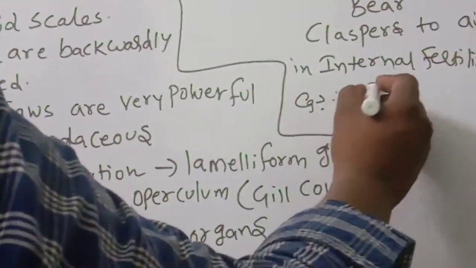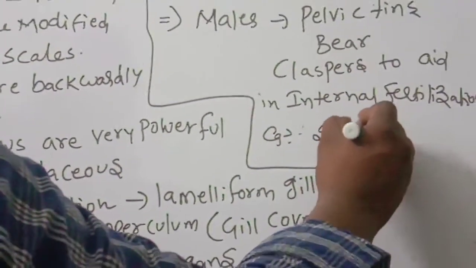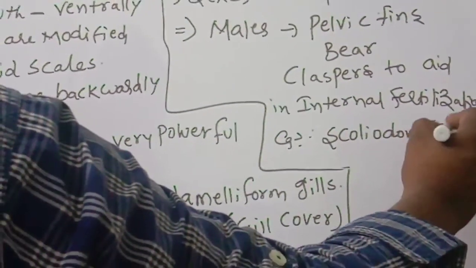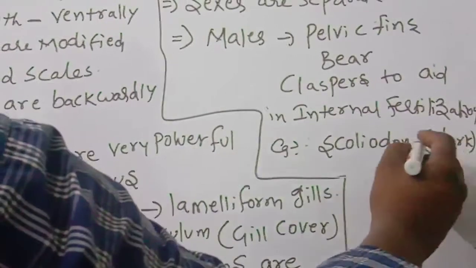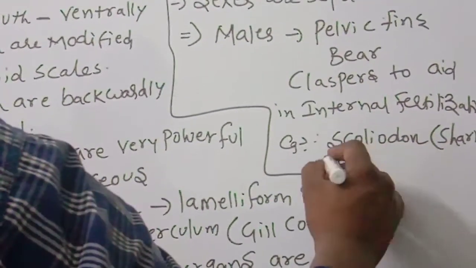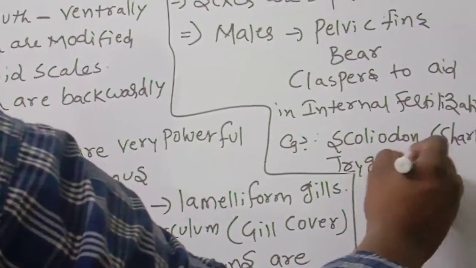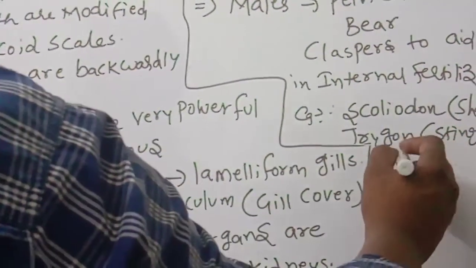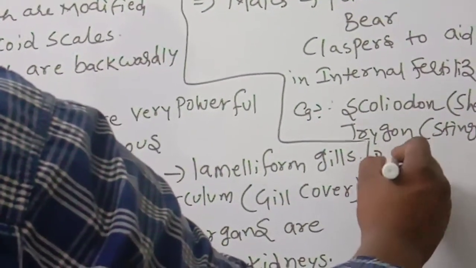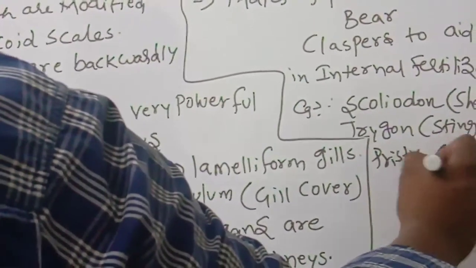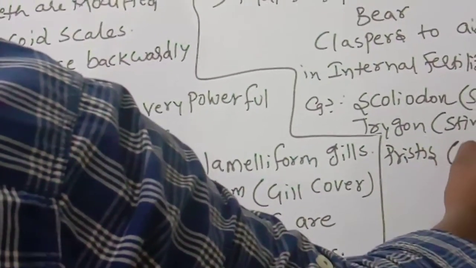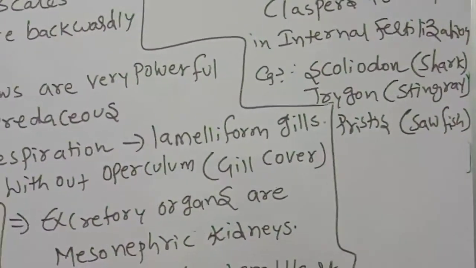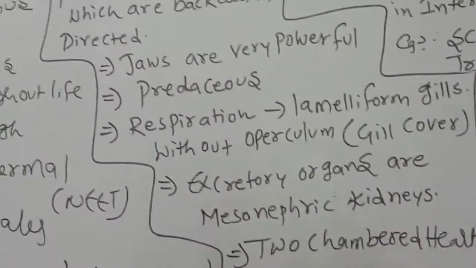Examples: Scoliodon, which is also called shark; Trygon, the stingray; and another important one, Pristis, the sawfish. Other examples will also be present.